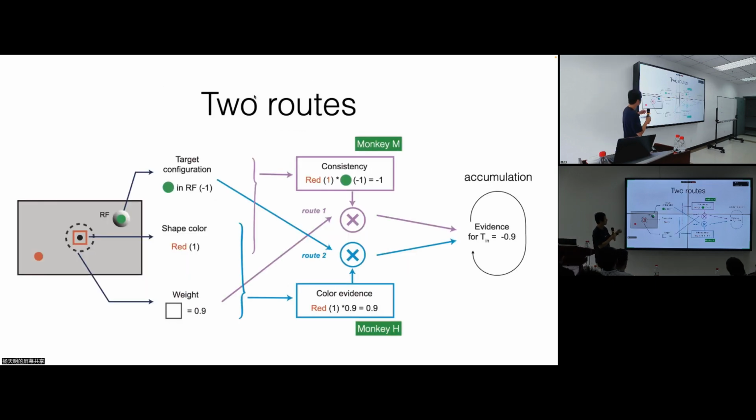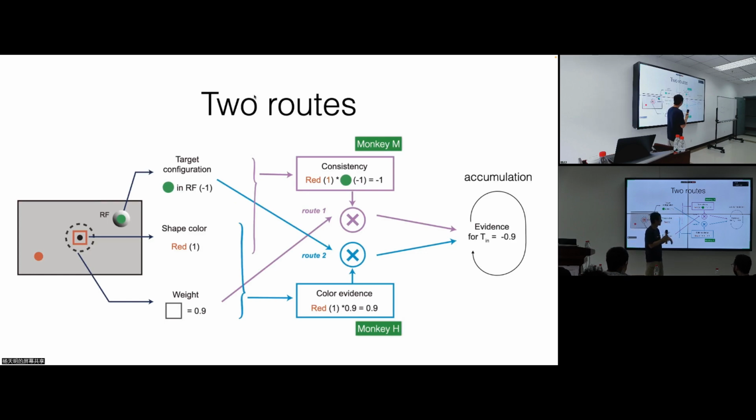So that's what we found. Previously, we knew that LIP is doing this accumulation, right? And now we found the short period of transient after the stimulus onset actually reflects the calculation of putting everything together into the evidence that can be accumulated.